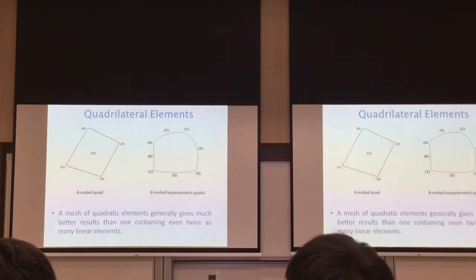So this one here is linear, this one here is quadratic. But this quadratic here will be able to capture bending. So what happens if you want to capture bending using this one here? You increase the number of elements.